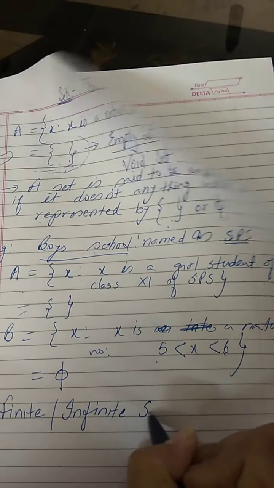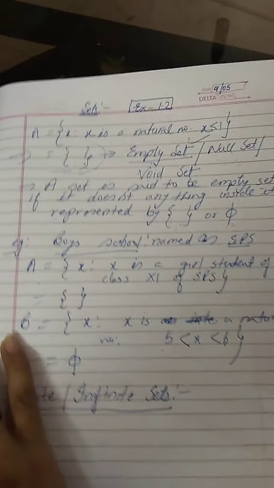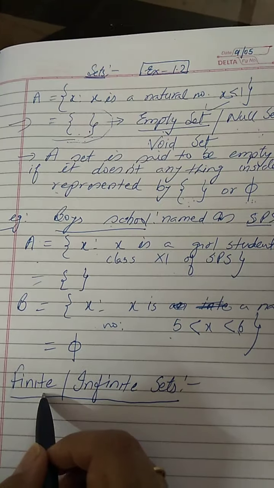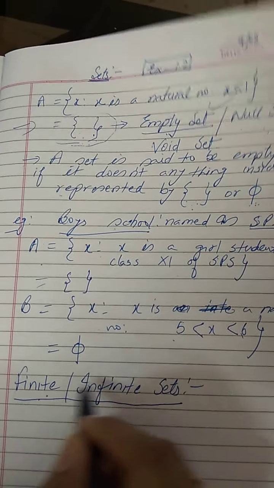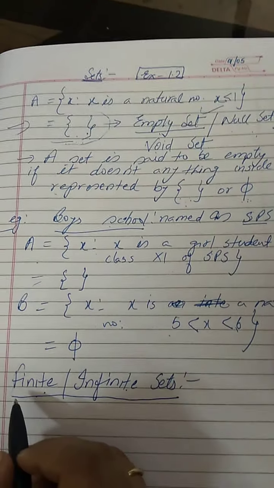The next that we will discuss is finite and infinite sets. These terms are quite well used in the junior classes as well. Finite means the number can be counted, it's countable. Infinite means it cannot be counted, right?